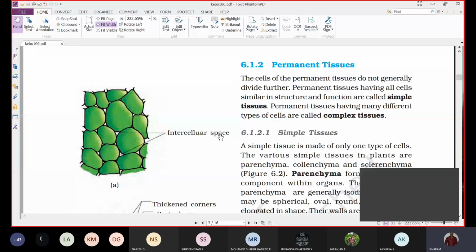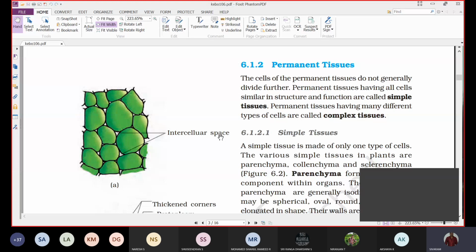So already we said very clearly, meristematic tissue means the cells which have the ability to continue to divide. And the permanent tissue means the tissue which has lost its ability to divide.